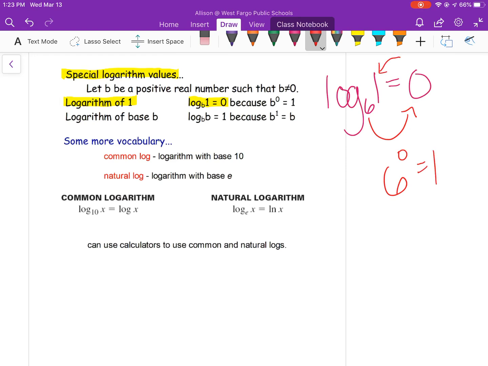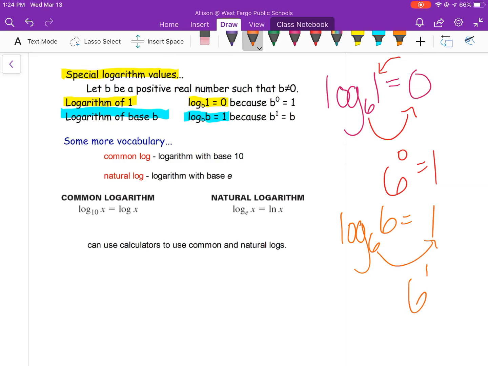So anything to the 0 power is 1. So anytime you have a log evaluated at 1, it equals 0. And then the other special case is if you have log base b of b, it equals 1. That's like if you have log base 6 of 6, it equals 1, because 6 to the first power always equals 6.